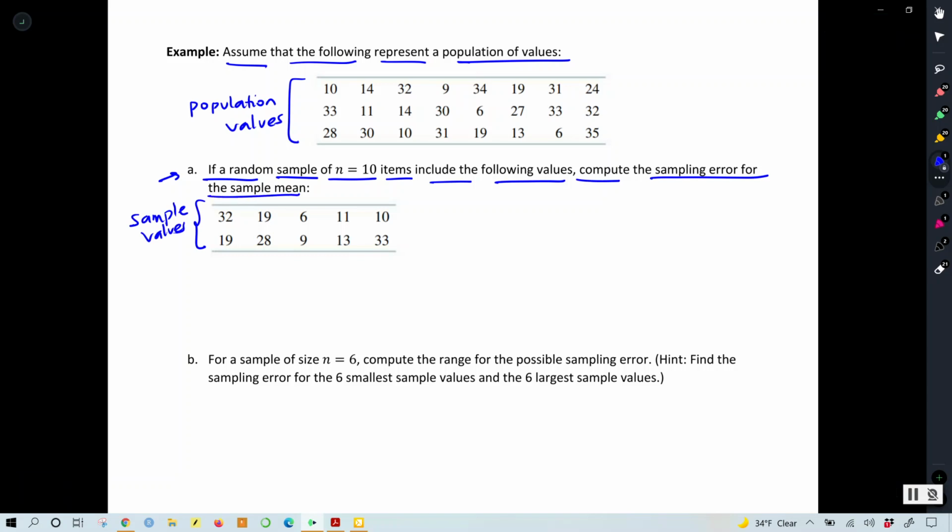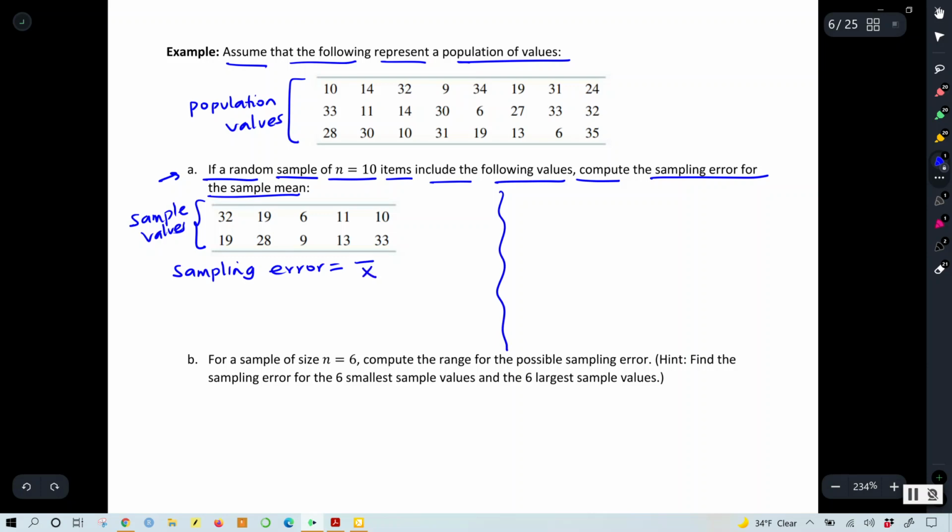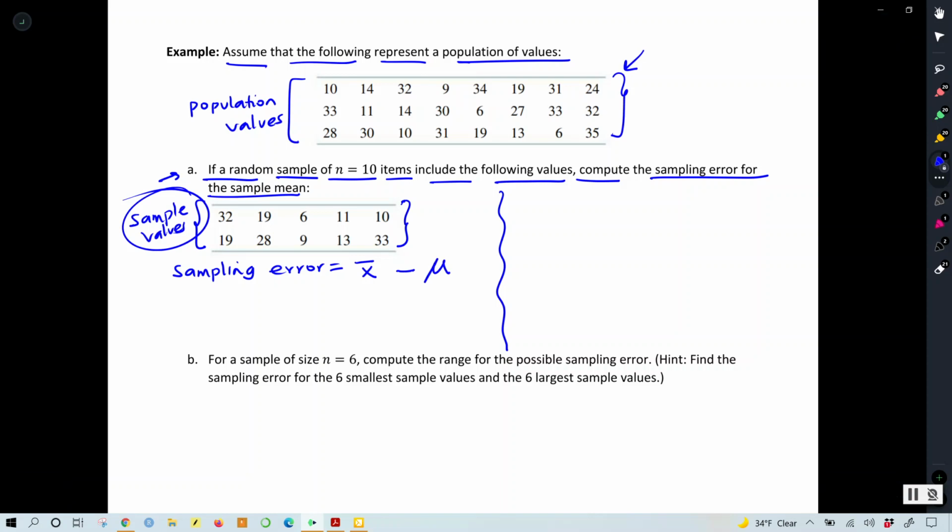Okay, based on what we have done earlier, we recall the formula. The sampling error is the sample mean computed from the sample values minus the population mean computed from the population values.